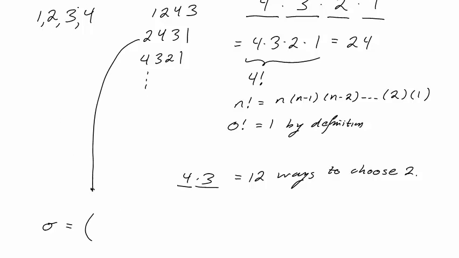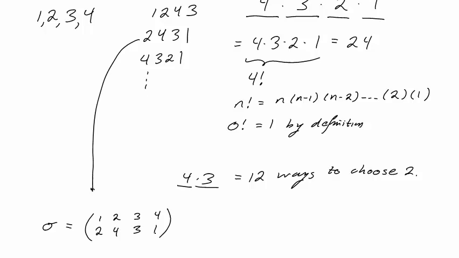I'm going to have in the top row the elements that I'm starting with, and then I'm going to write beneath that where they get sent to. So 1 becomes 2, 2 becomes 4, 3 stays 3, and then 4 becomes a 1 in that permutation.